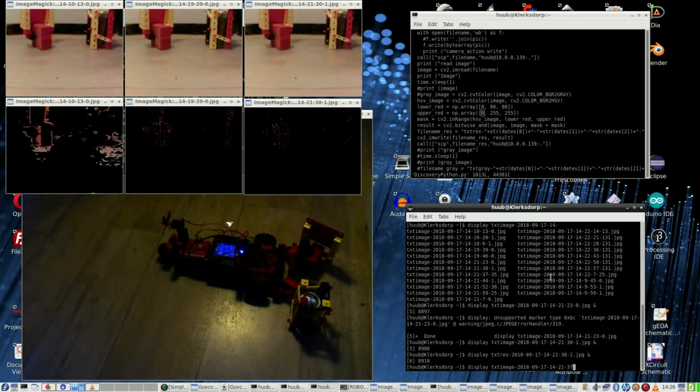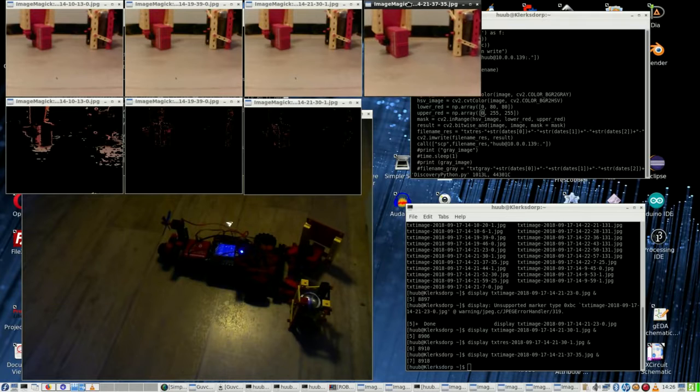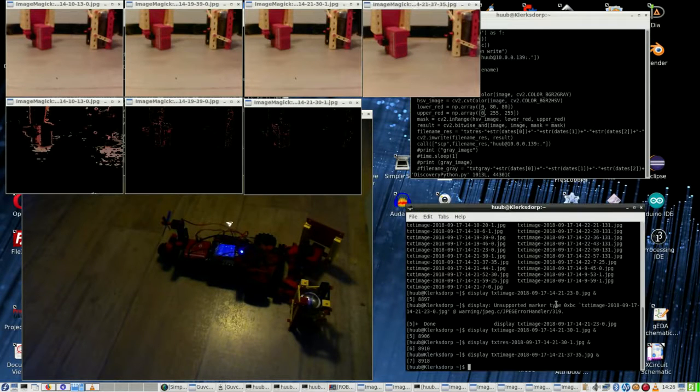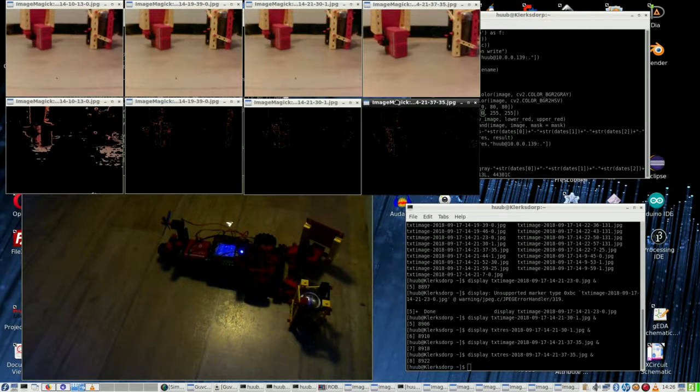This one, 37, yep. Yep, that's closer. Slightly different, it's blacker here, there's more black in here now.